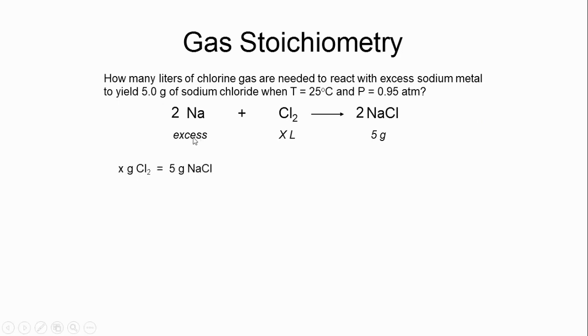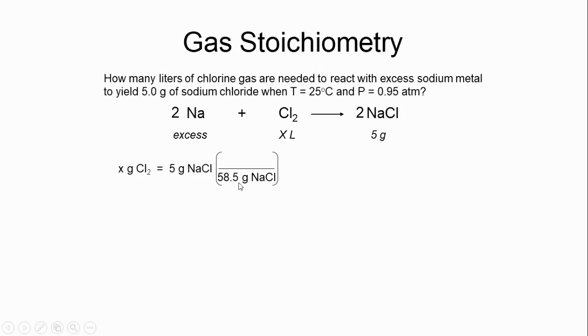So the first thing I might do is, now it says how many grams of chlorine equal to 5 grams. Now that's not what it says here, it says liters. Why would I go to mass? Well, let's see if this makes sense to you. I'm going to convert grams to moles. Sodium weighs 23 grams per mole, chlorine 35.5.